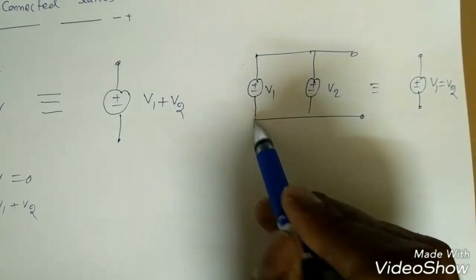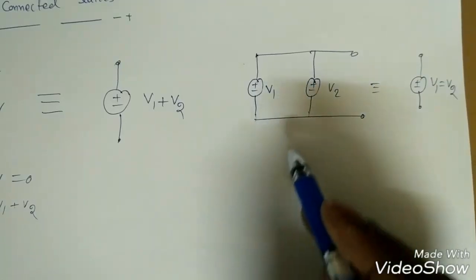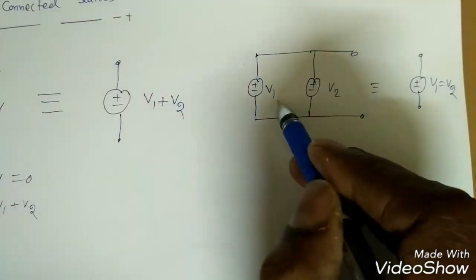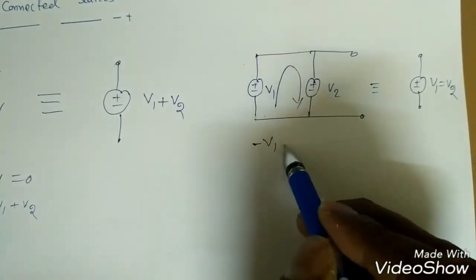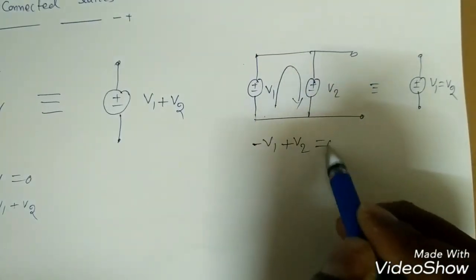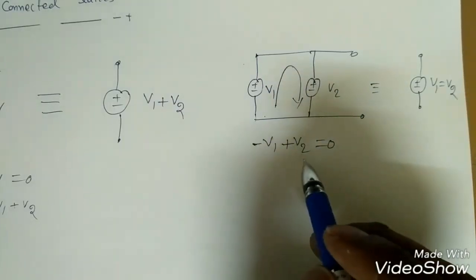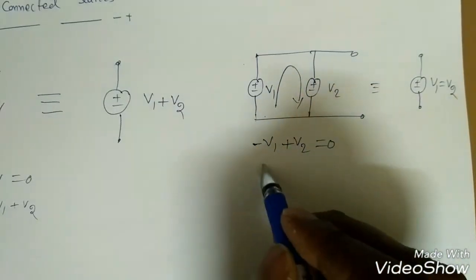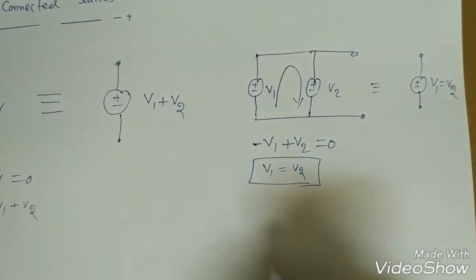That means in parallel the voltages should be equal. Similarly, if you apply KVL around this loop, it is minus V1 plus V2 equals 0, right? So around any closed loop the voltage sum should be 0, that is, V1 equals V2 should hold, right?